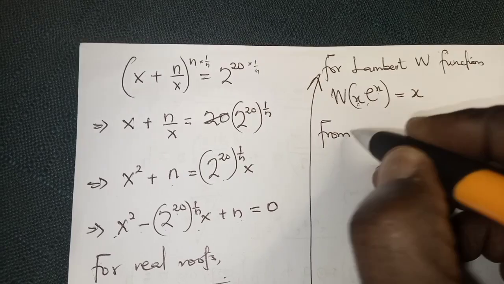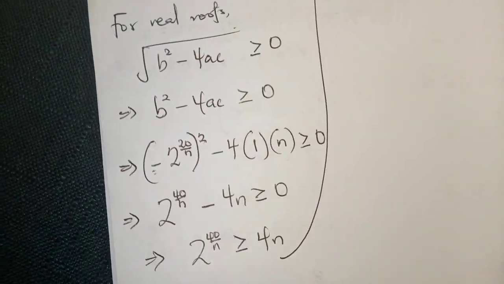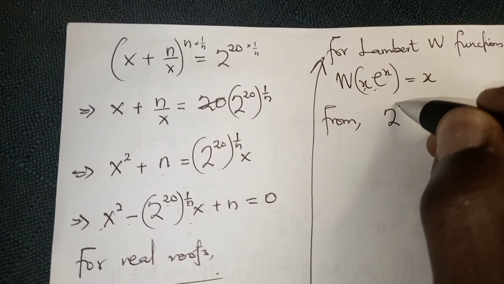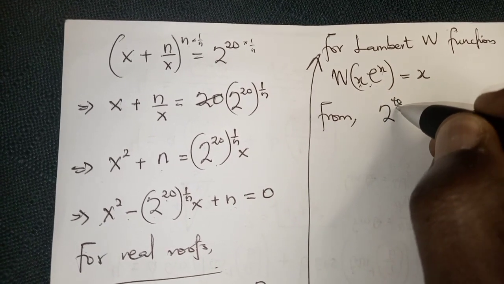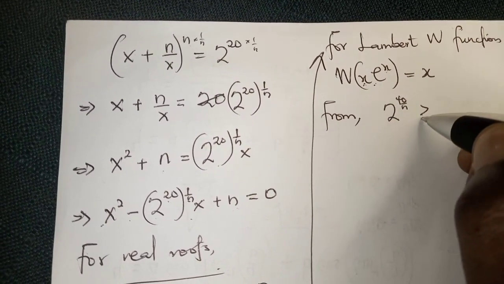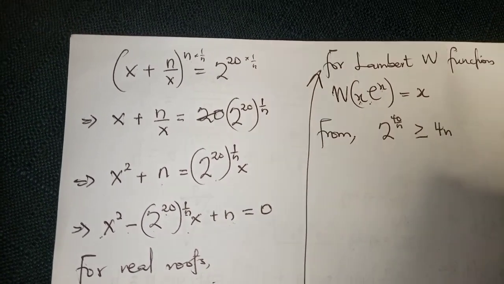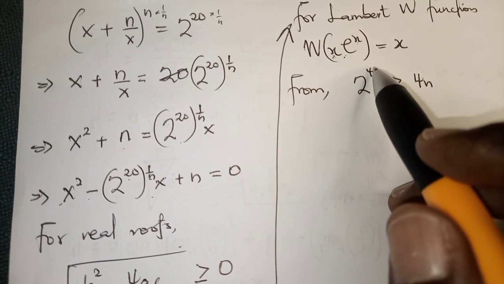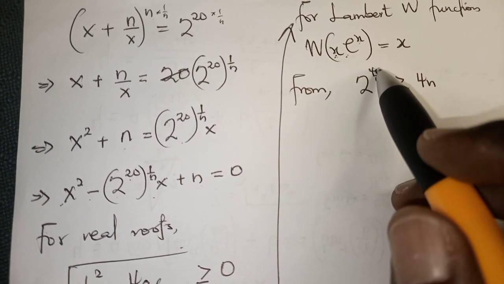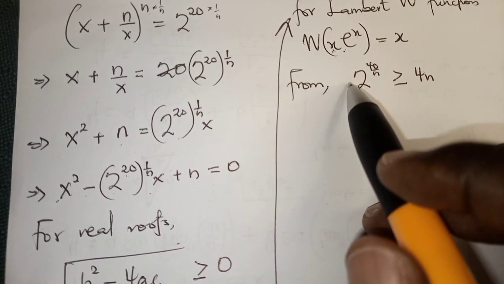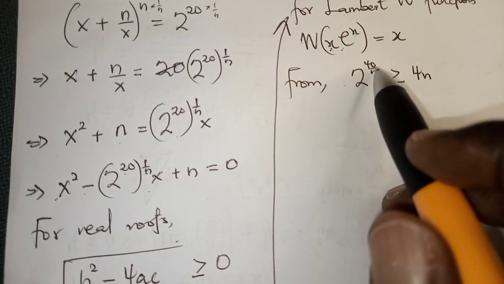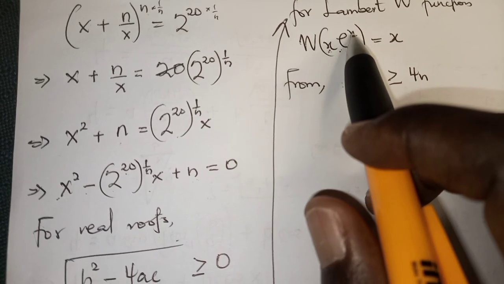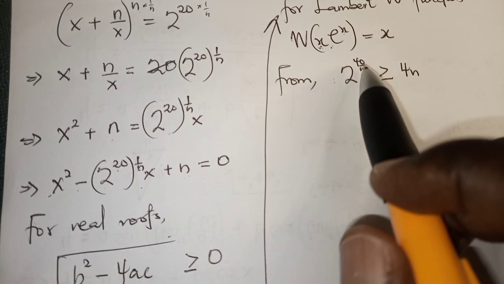From what we have here, 2 exponent 40 on n greater than or equal to 4n, our objective now is to make this exponent have a coefficient that is also equal to it. Since we have x here, we want to do the same thing.